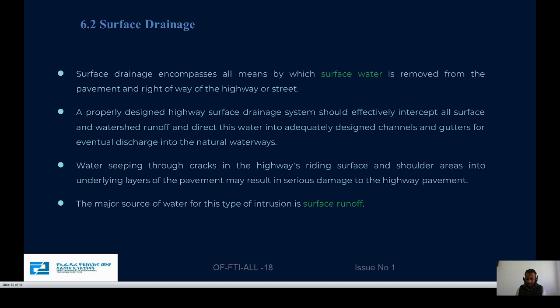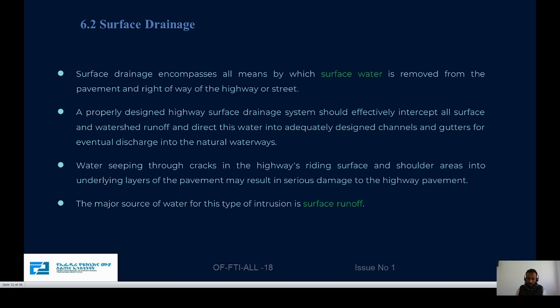A properly designed highway surface drainage system effectively removes all surface water or runoff and directs these waters into the designed channels or gutters. After the designed channels and gutters, lastly the natural waterways are joined. Water seeping through the cracks in the highway riding surface causes serious problems related to the pavement structure, and strength decreases.